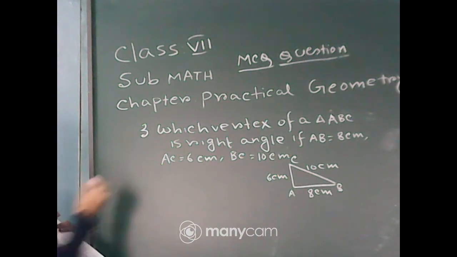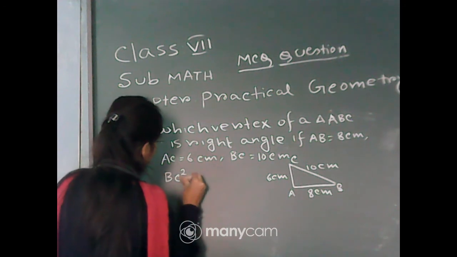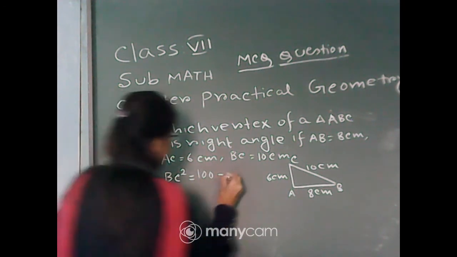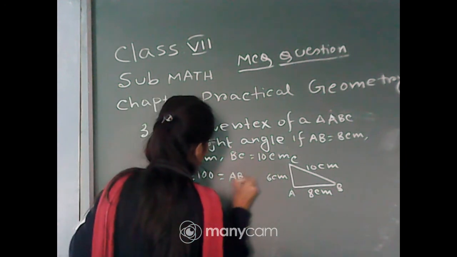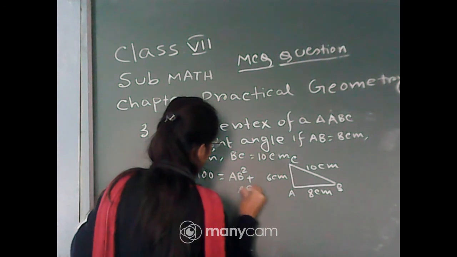Clearly we see that BC square, that is 100, is equal to AB square plus AC square.